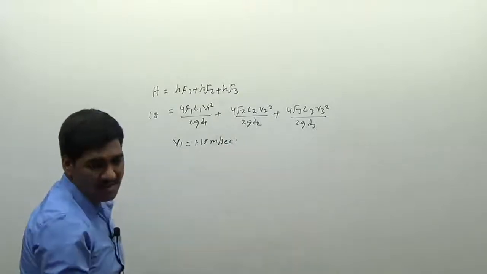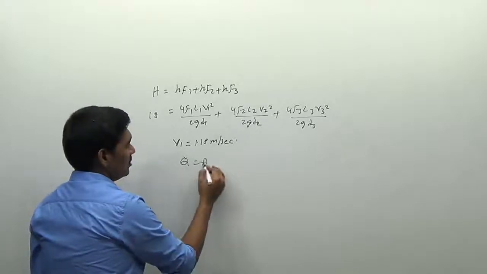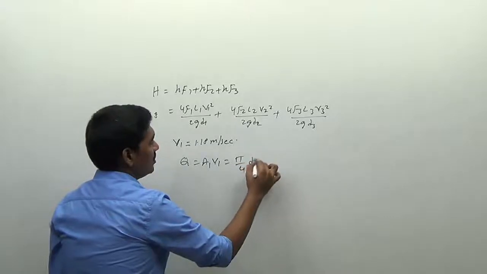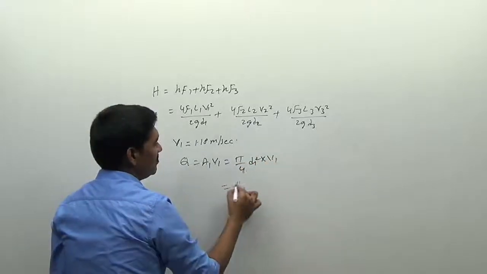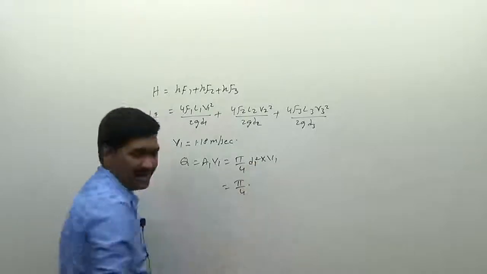Along with that, the discharge. Q is equal to A1 into V1, so pi by 4 into D1 square into V1. What is the value of D1?